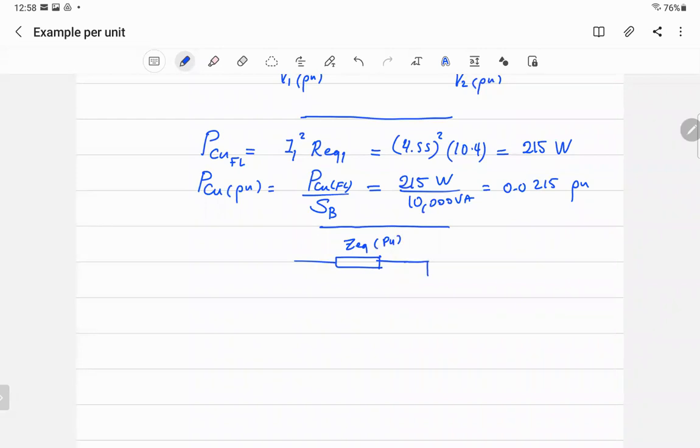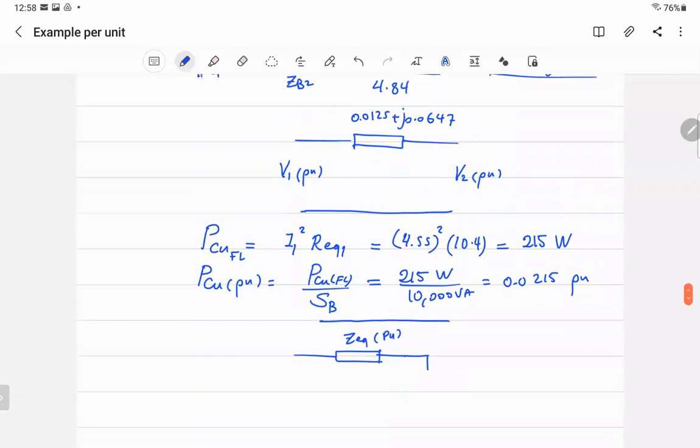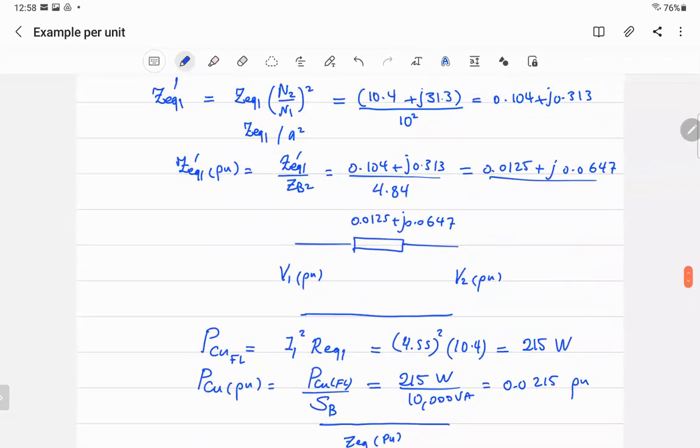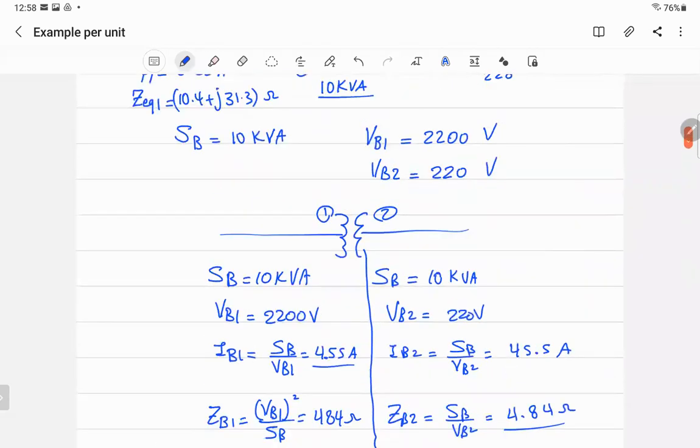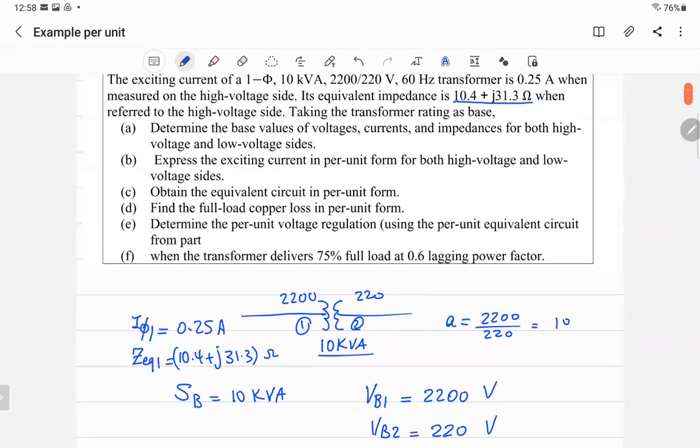But for the full load, we need to find the current. And that was given here, the current is 75%, because these two are connected.